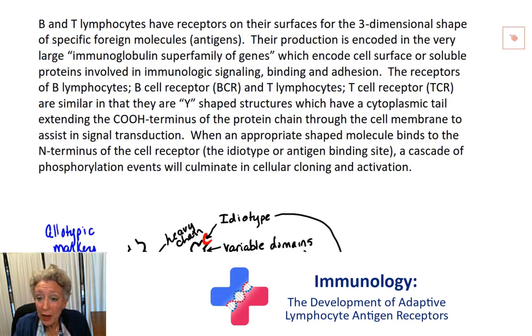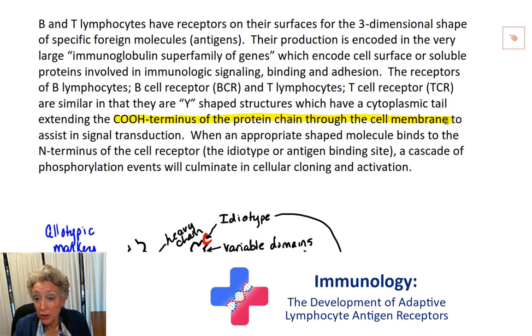Now, when you compare the two receptors on the B cell and the T cell, you'll notice that they have very many similarities, but a few differences. They each have an N-terminal end of sequences of amino acids that will be outermost off of the surface of the cell, and a carboxy terminus, which is going to be important for transducing the signal through the cell membrane when something has bound to the N-terminal end.